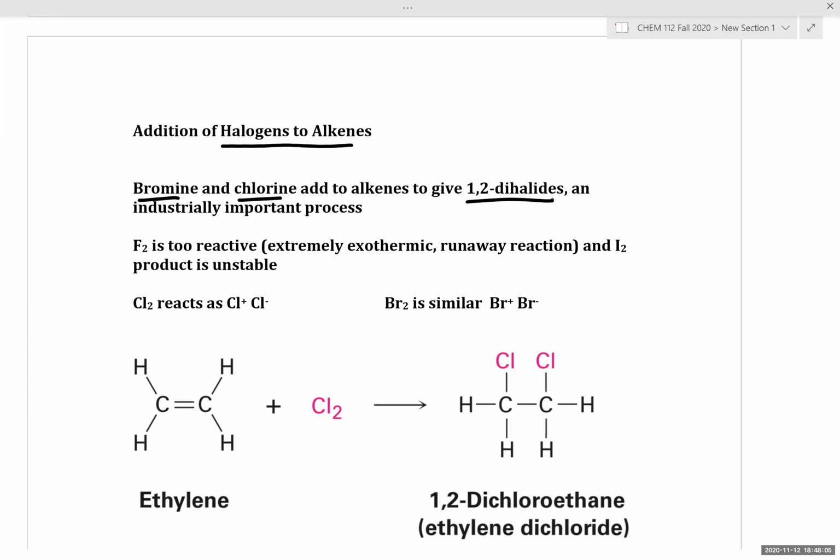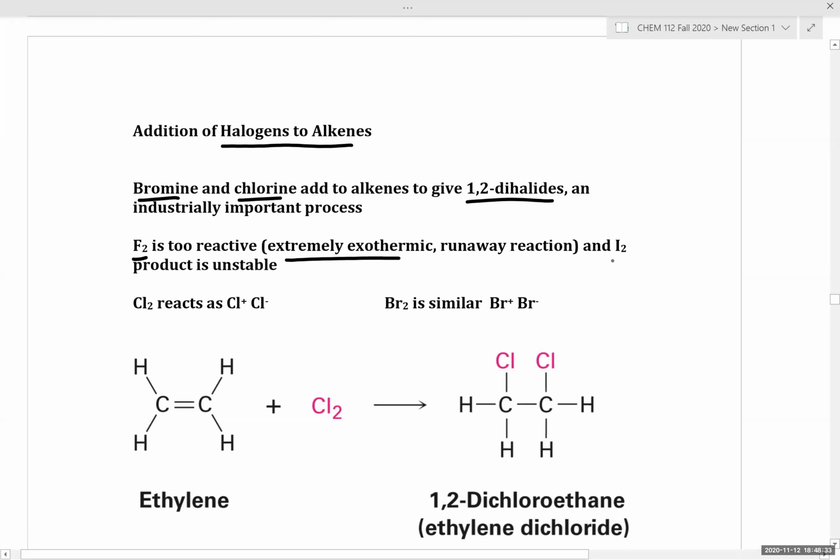One thing to keep in mind, you don't typically do this reaction with fluorine. It's very exothermic and will likely explode if you try to run it with most alkenes, because fluorine is so reactive and the carbon-fluorine bond formation is highly exothermic. So you're typically not going to see alkene difluorination run with elemental fluorine.